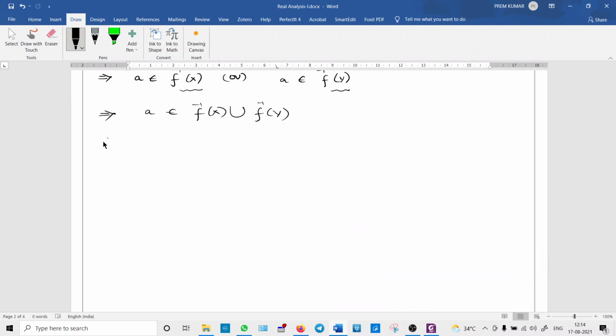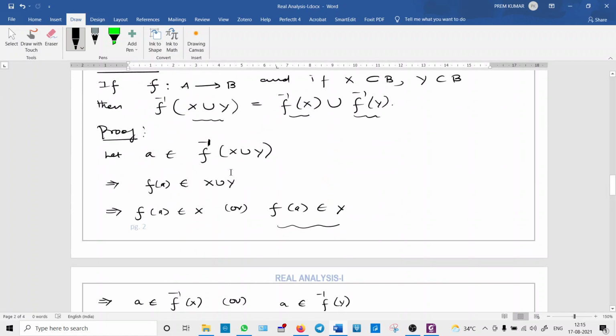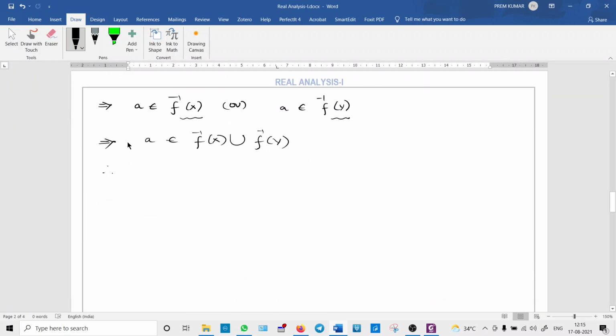This concludes that this set is a subset of this set. That's all. Therefore f inverse of X union Y is a subset of f inverse of X union f inverse of Y. I name this as the first result.